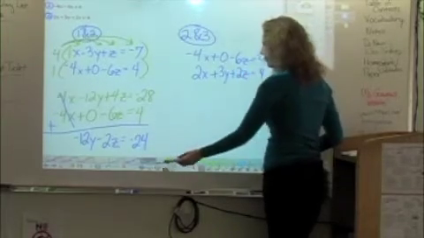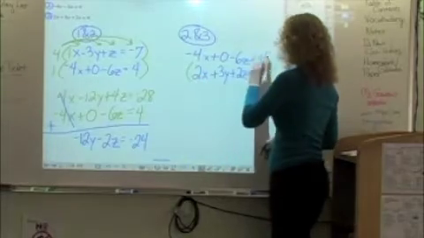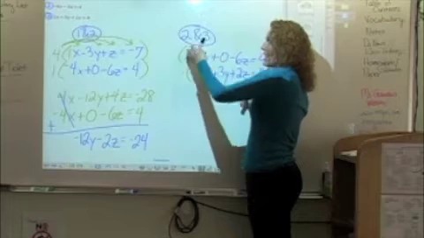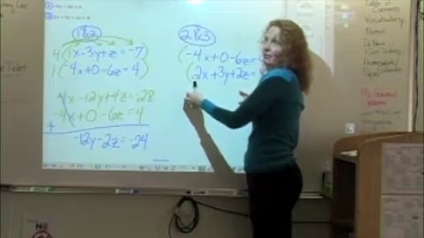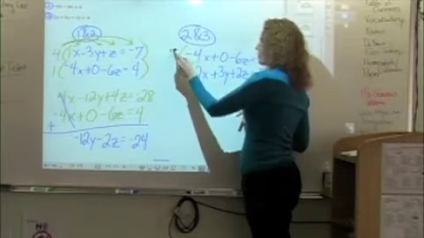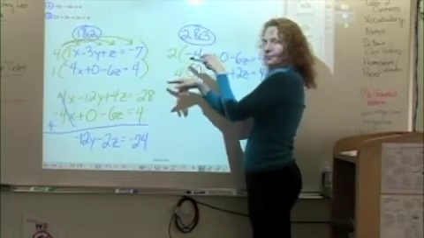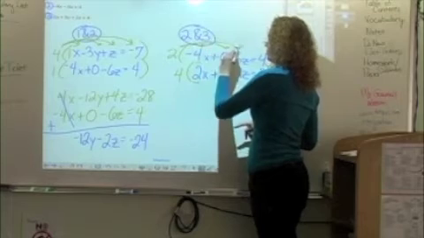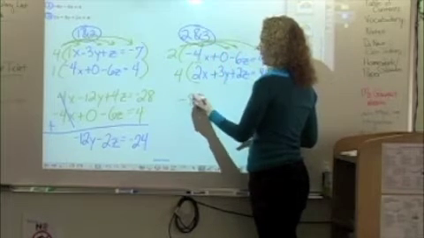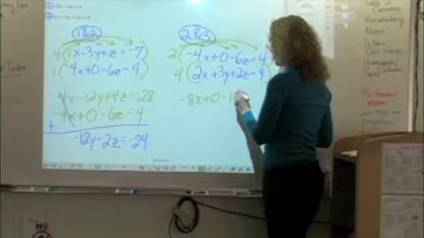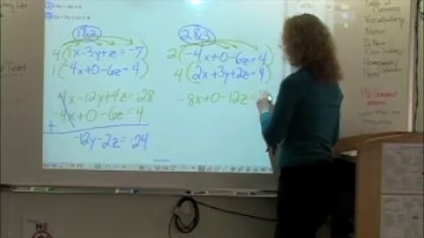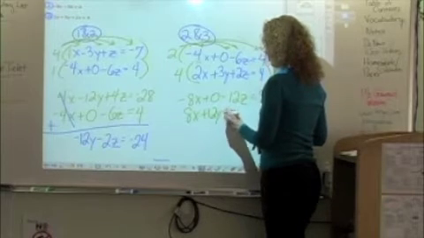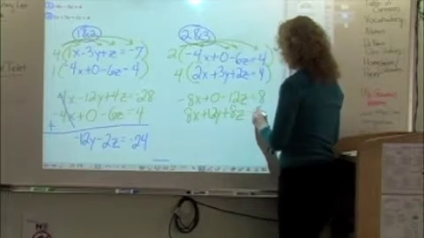Okay, so I'm now going to, again, I could see that I can multiply this bottom line equation by 2, and that'll give me a +4 to eliminate the x's. If you struggle with that, just take those coefficients and send them out. Again, opposite signs, so I don't need to worry about that. I get a -8x plus 0 minus 12z equals 8. +8x plus 12y plus 8z equals 16.